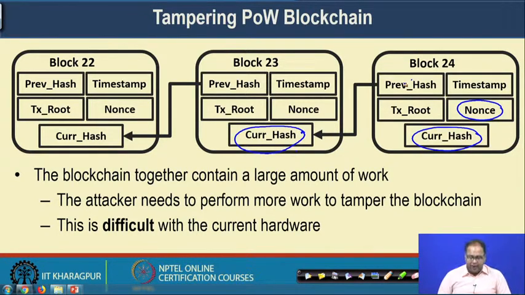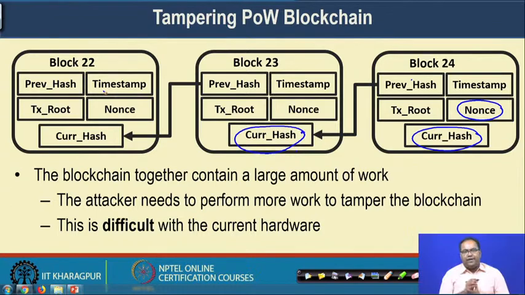So, if some attacker wants to make changes in one block, then they actually have to do more work compared to the collective work of all the blocks in the chain.